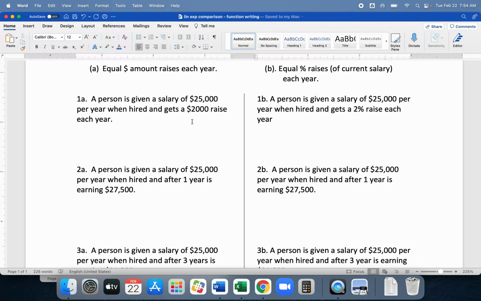Column B is under the assumption of equal percentage change from year to year.